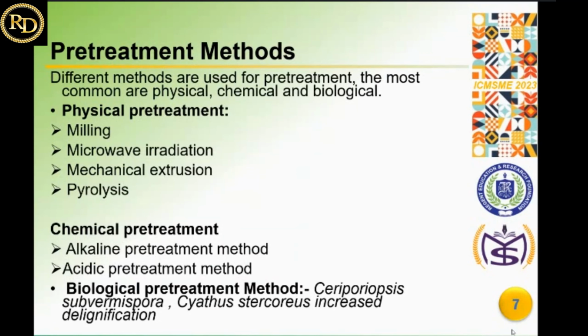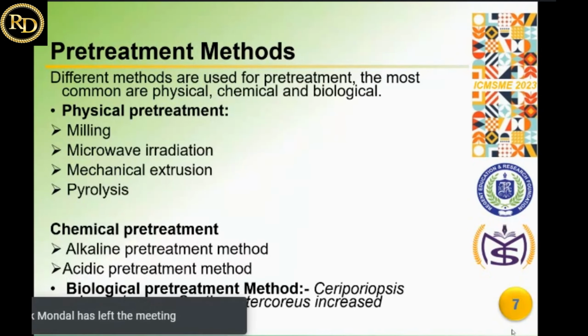There is one drawback: the yield, meaning how much of the lignocellulose and hemicellulose or other complex sugars is digested, is not as good as in acidic pretreatment methods.